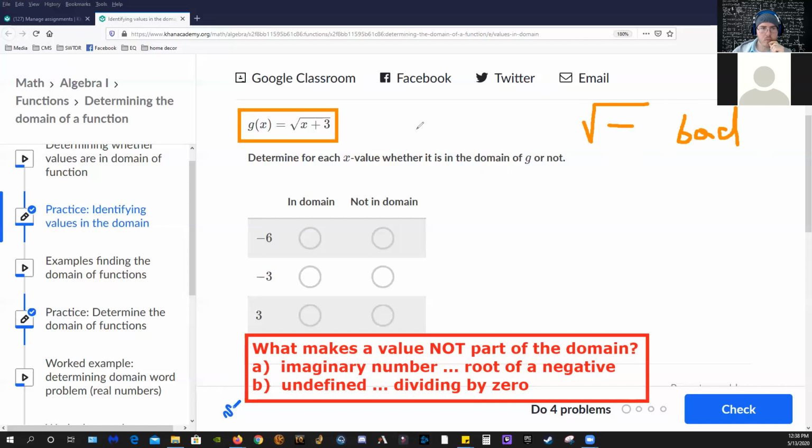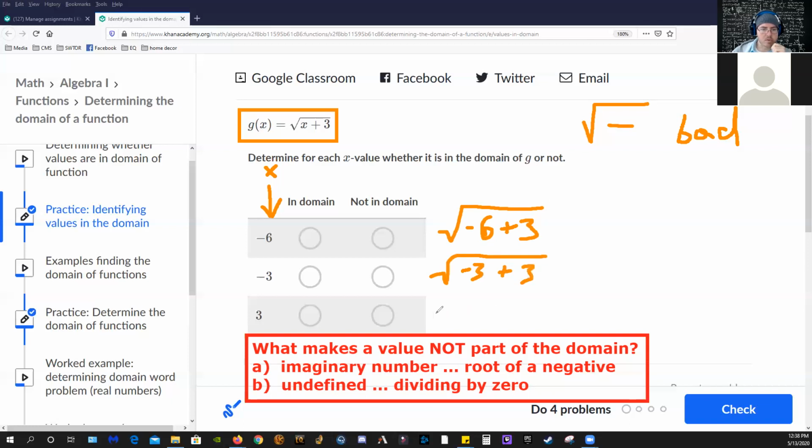Well, please remember when it says domain, the x, these are our x values over here. These are possible x values. Okay, so if we put these in, the square root of negative 6 plus 3, this would be the square root of negative 3 plus 3.